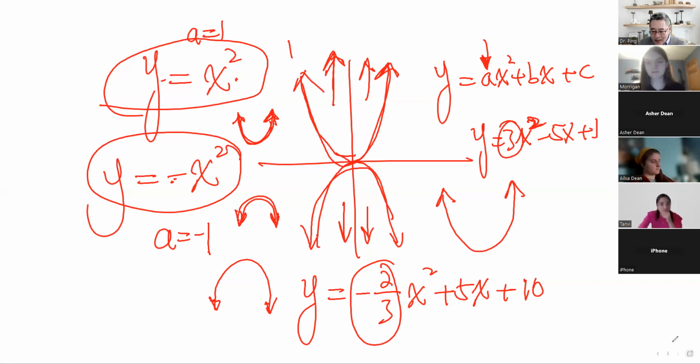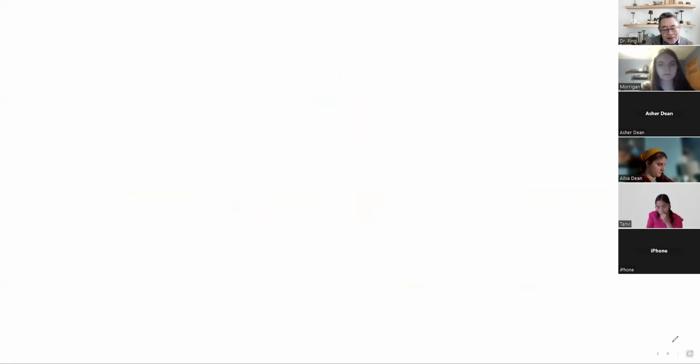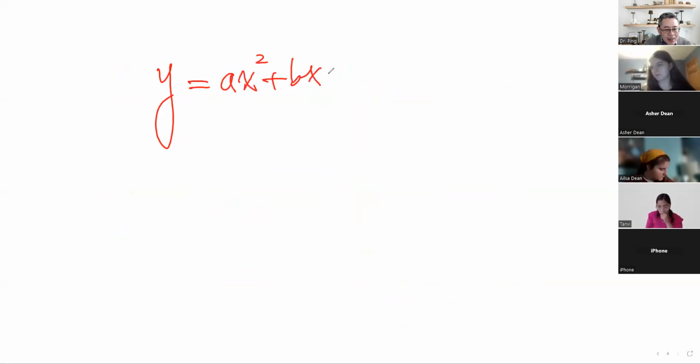Okay, knowing that, we need to figure out where we can find the vertex point, and that helps us develop the vertex formula. We talked about ax squared plus bx plus c, and that's called the standard form.